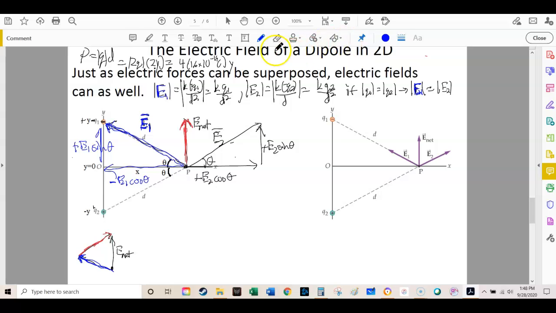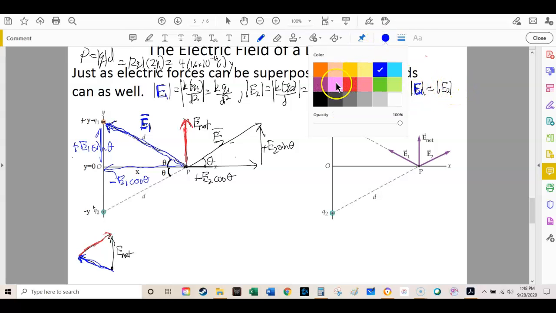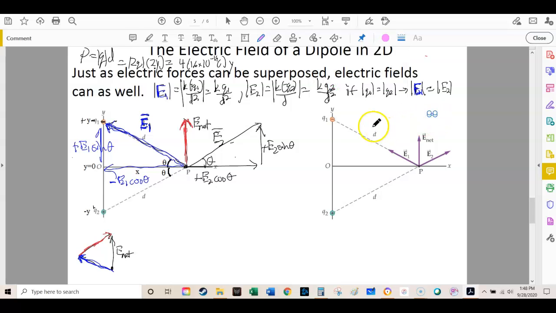Well, since E1 is equal to E2, let me use pink for this next part. If E1 is equal to E2, let's just call that E, where E is equal to KQ over D squared. Okay?